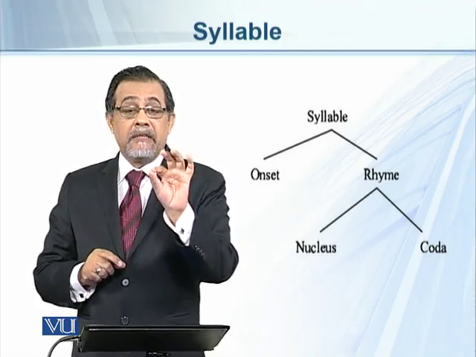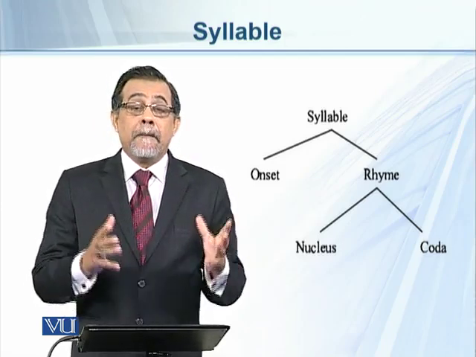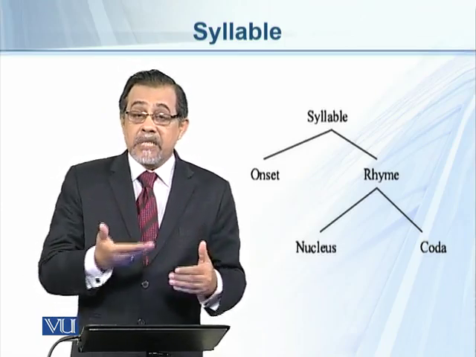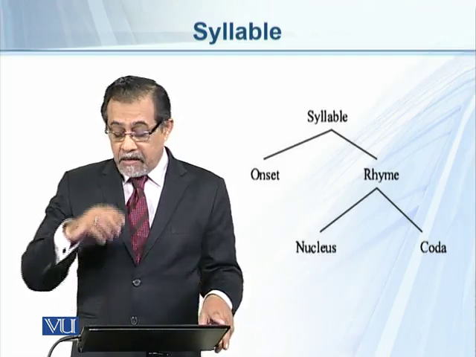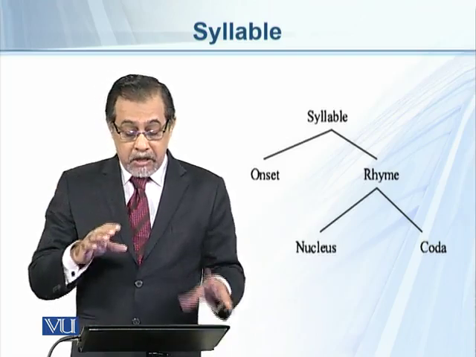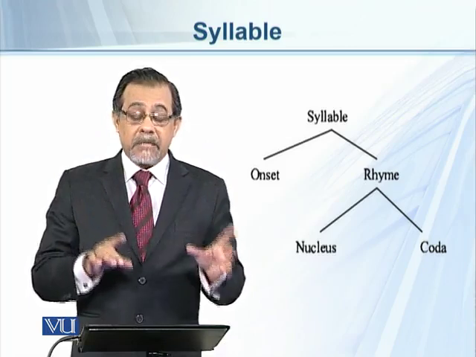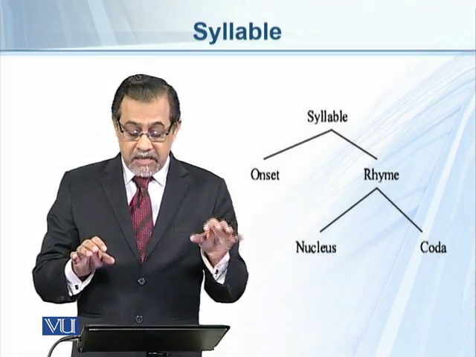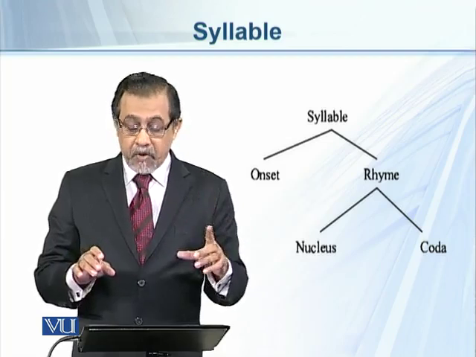The nucleus is the vowel sound. We also call it the peak because it has the highest, loudest sound in a syllable, and the coda or termination. So a syllable consists of these three things: onset, nucleus or peak, and coda.